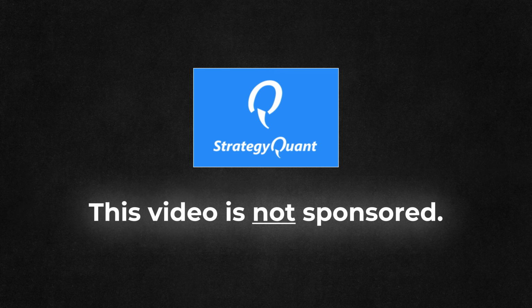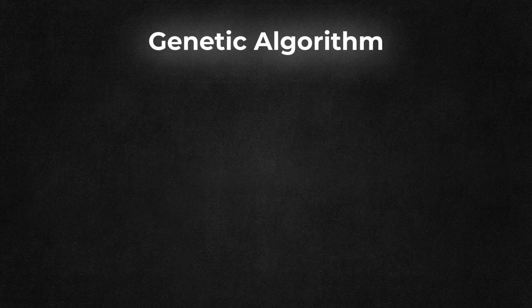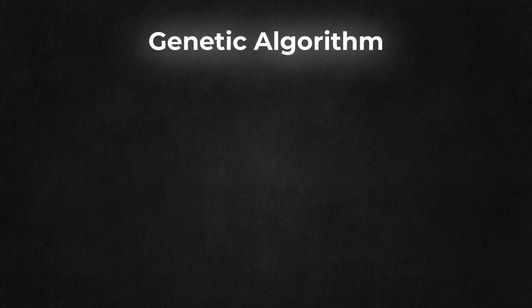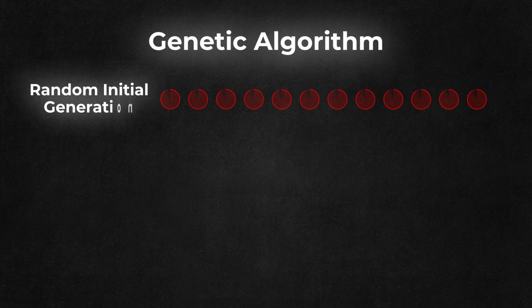Strategy Quant uses an optimization algorithm called genetic algorithm to find profitable trading strategies. A genetic algorithm basically mimics the process of natural selection, meaning random mutation and crossover in living organisms, but it does that to trading algorithms. Roughly speaking, the process goes like this. Strategy Quant will build a population of random trading algorithms based on several parameters you can choose.